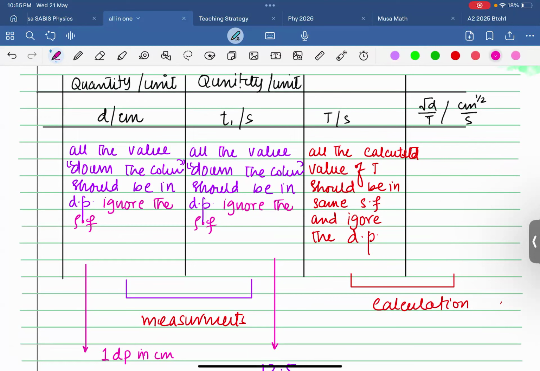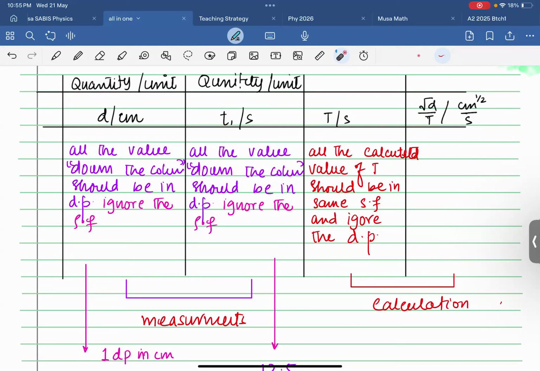If you have a quantity that is basically the product or the quotient of two quantities, then you have two possibilities: either the two quantities both contain the same number of significant figures, or the two quantities contain a different number of significant figures.